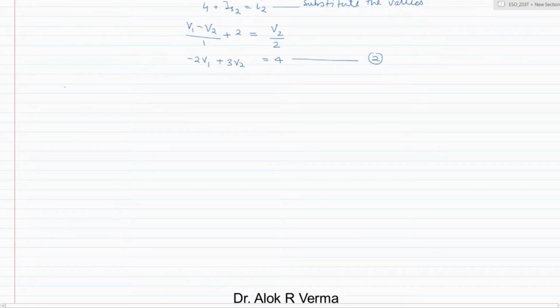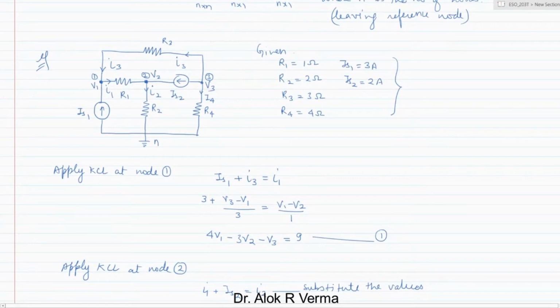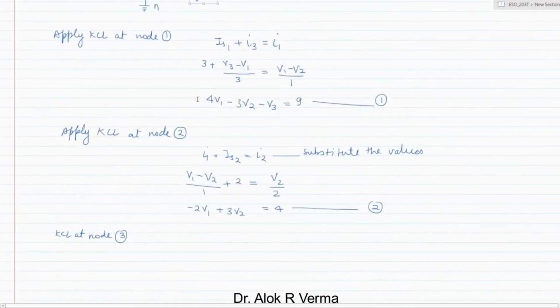Now, KCL at node 3. When we apply the KCL at node 3, look at the circuit: the total incoming current is nothing, so 0, and the outgoing currents are I3, I4 and IS2.